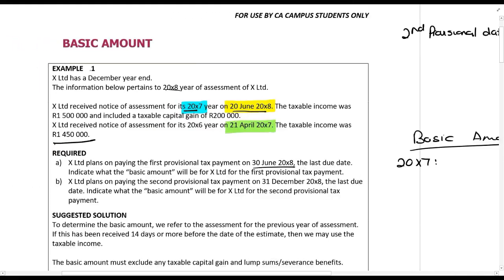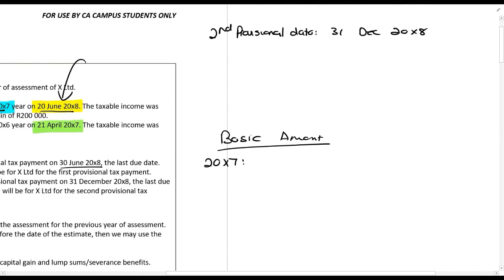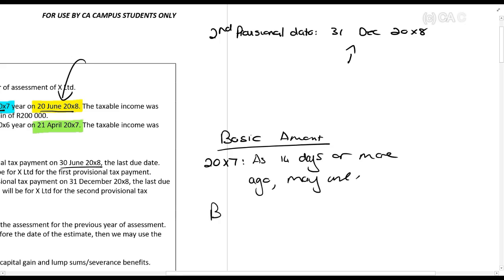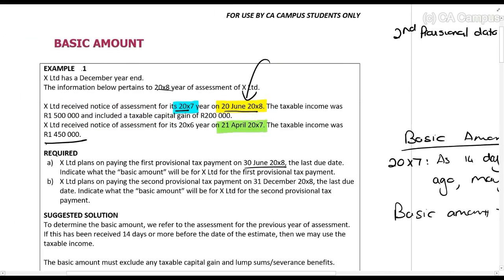We say, when was the 20X7 one received? 20 June 20X8. Is that 14 days or more before the 31st of December? Yes, it is. So, as 14 days or more ago, may use. So your basic amount in this case, which you start with, is 1.5 million.